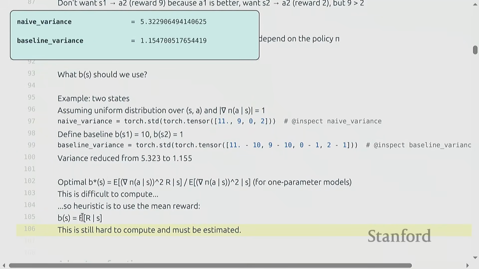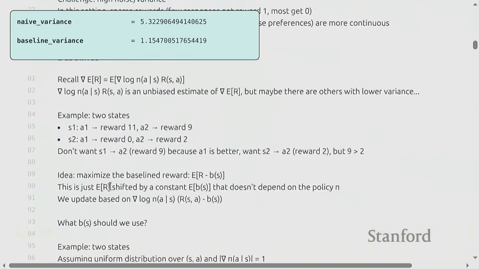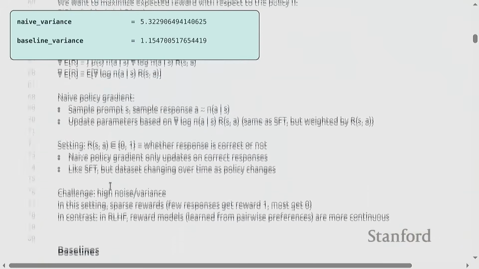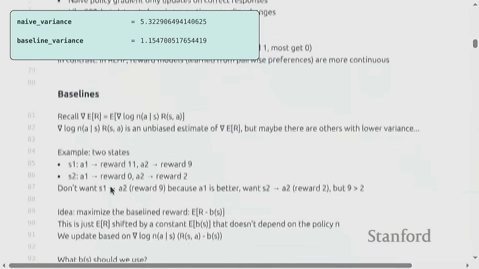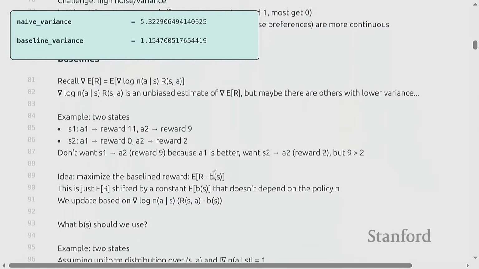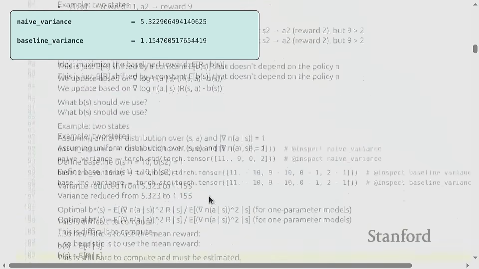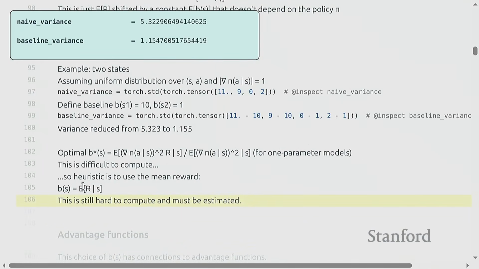But this is a good guiding principle for what you want your baseline to be: the expected reward given your state. Just to recap, we have the naive policy gradient. We can introduce this baseline as valid for any B(S), and now we've come to the conclusion that maybe this is a good choice if we can get a handle on the expected reward given S.